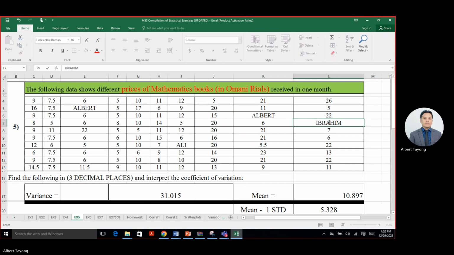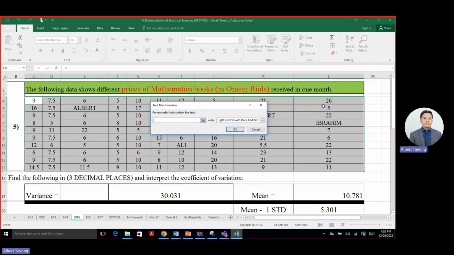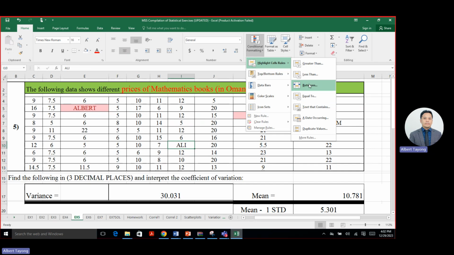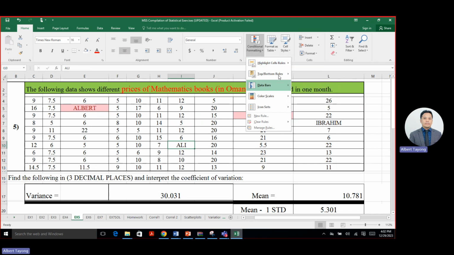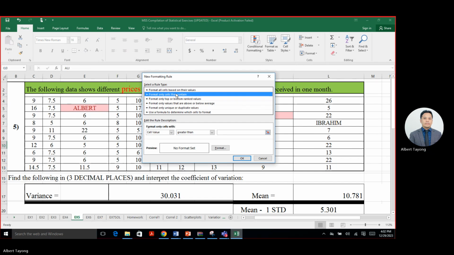In seconds, you can just highlight the table and conditional highlight text that contains, for example, Albert. It's going to show you immediately all the cells containing that particular name. So you can try to explore this: between, less than, greater than, equal to, text that contains, which includes text, not only numbers. Duplicate values as well, and you can have more rules. There are many things that you can explore here.